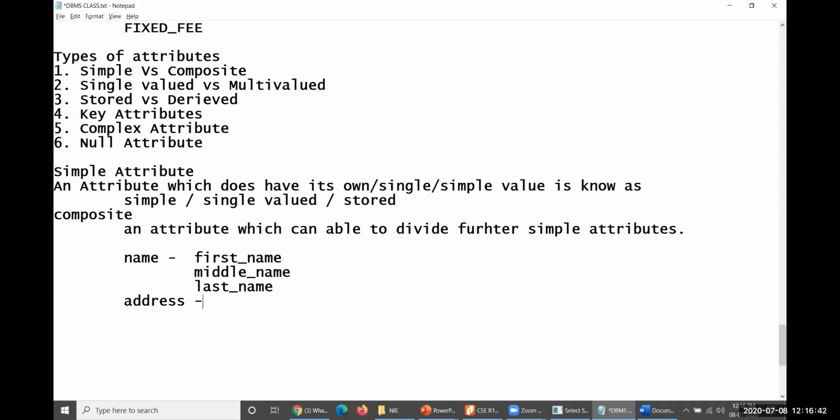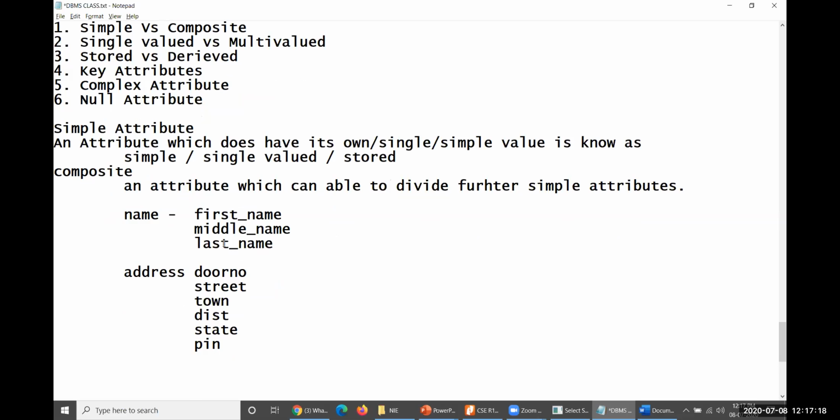Piece number 1 is door number, followed by street, then town, then district, then state, and pin code. All these things combined are called address here.